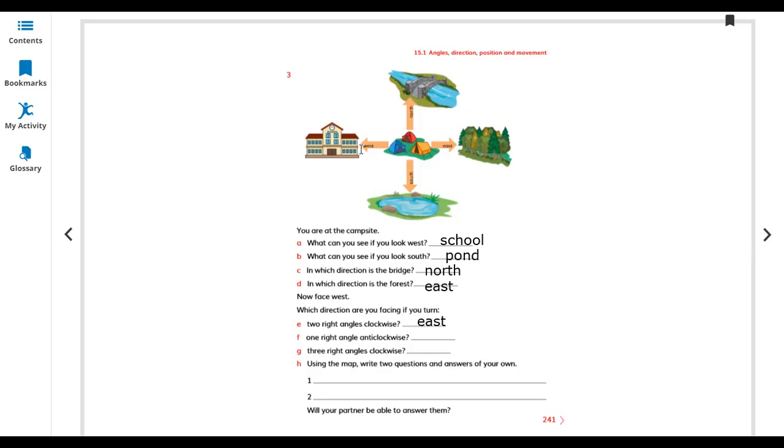So if you are here on the west and go anti-clockwise, in the opposite direction, you're standing here. So going backward from west to north, south. So it's south. Every time you start here, three right angles clockwise. Starting from here, west, clockwise, 1, 2, 3. Again, it's south.